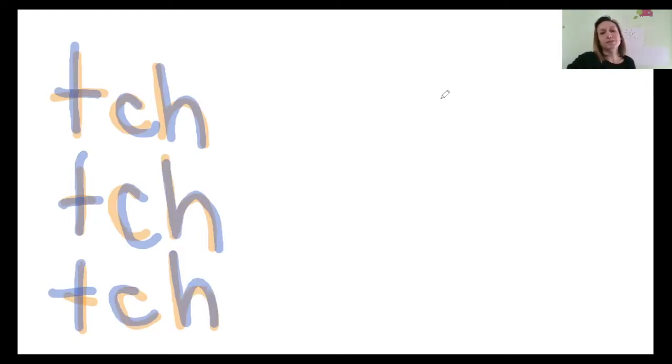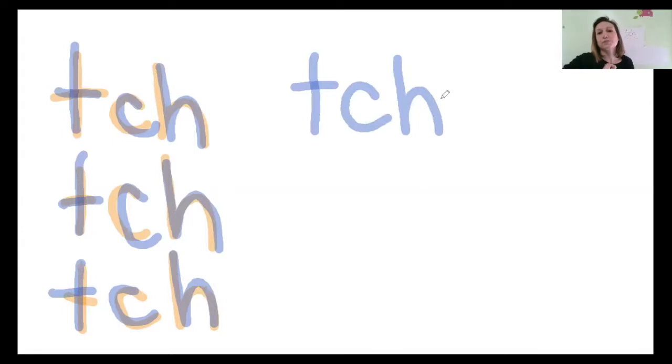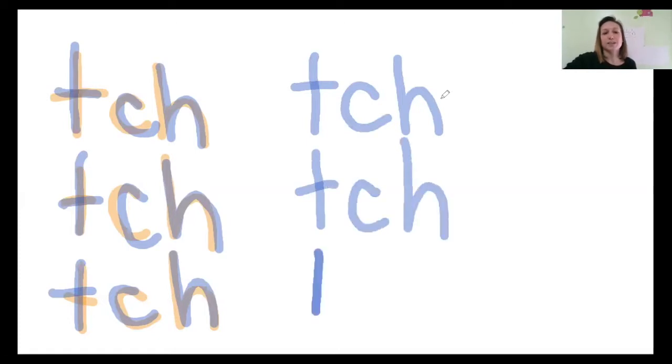And now go next to it and you're going to write it on your own. And keep doing that. Write it 3 times, each time saying TCH says ch, long spelling right after short vowel.